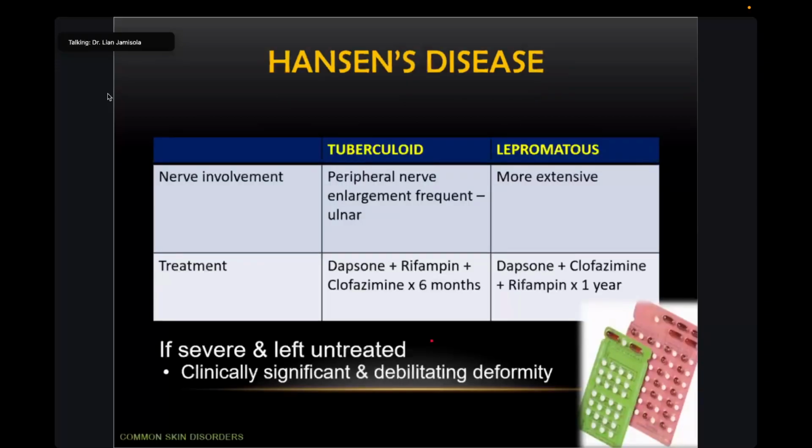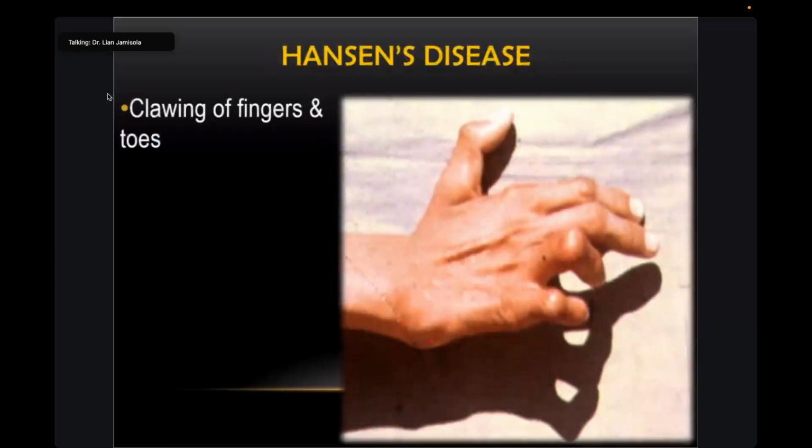Okay. So the treatment would depend if the person has a tuberculoid type of leprosy or lepromatous type of leprosy. Same naman yung gamot, except lang the length of treatment is 6 months for tuberculoid and 1 year for lepromatous. Okay. This is being given for free by WHO DOH. Okay.